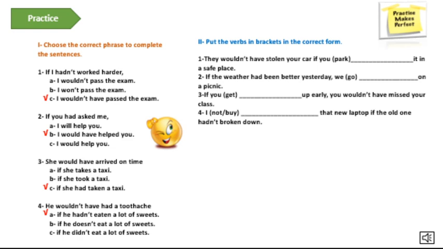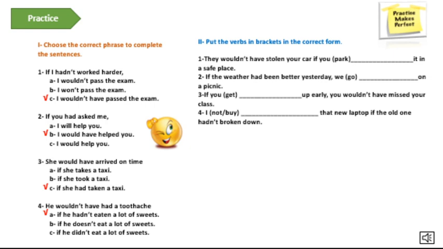Again, we have conditional sentences here, conditional type 3, of course, and we need to put the verbs in brackets into the right form. First one. They wouldn't have stolen your car if you park it in a safe place. Wouldn't have stolen.